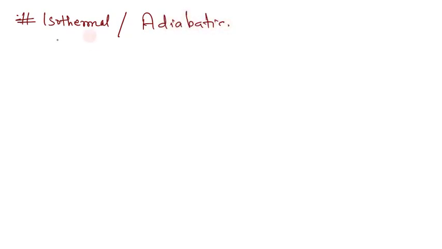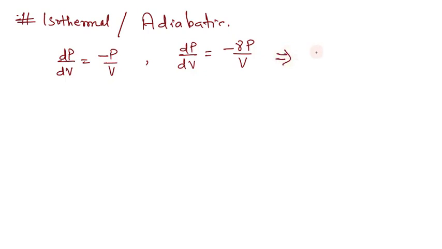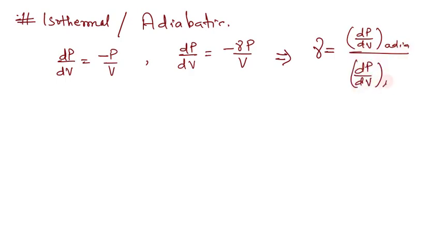In the isothermal process, we can write dP by dV as minus P by V, and in the adiabatic process, dP by dV is minus gamma P by V. These expressions came from the previous expressions we defined for pressure and volume. So this gamma turns out to be dP by dV of the adiabatic process divided by dP by dV of your isothermal process.